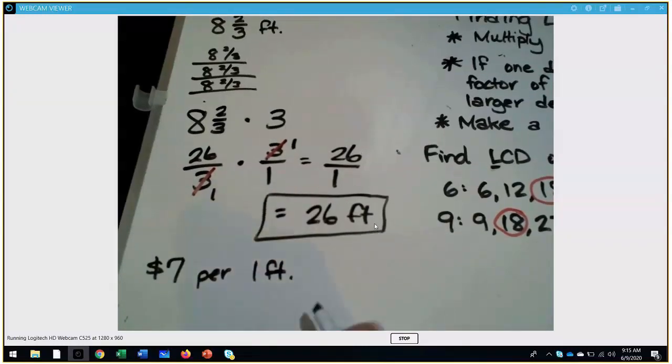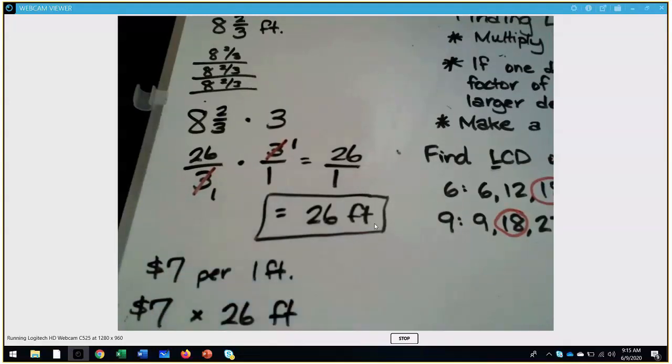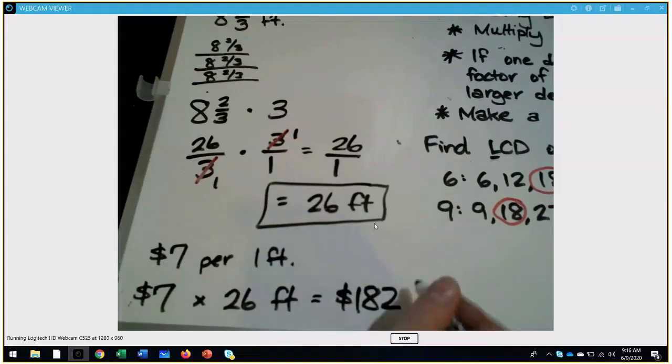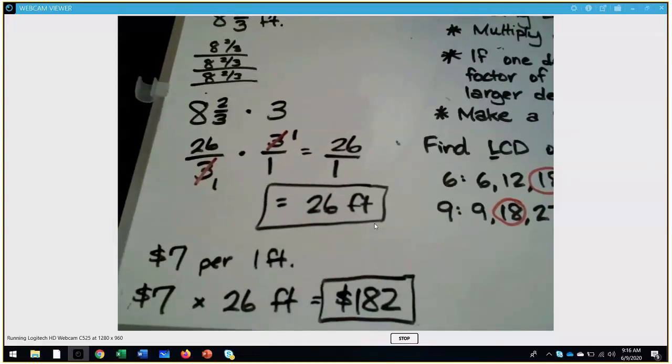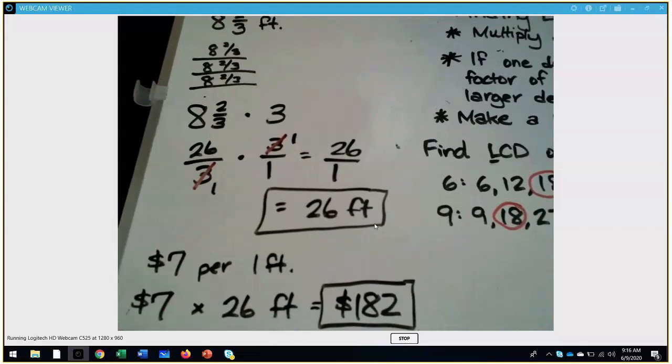So 7 times 26 feet. Plug that in real quick. 7 times 26 is 182. That is very expensive lumber. But there you go.